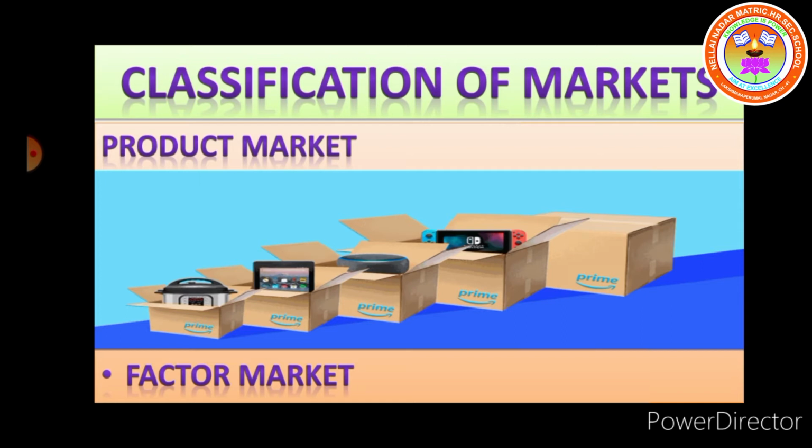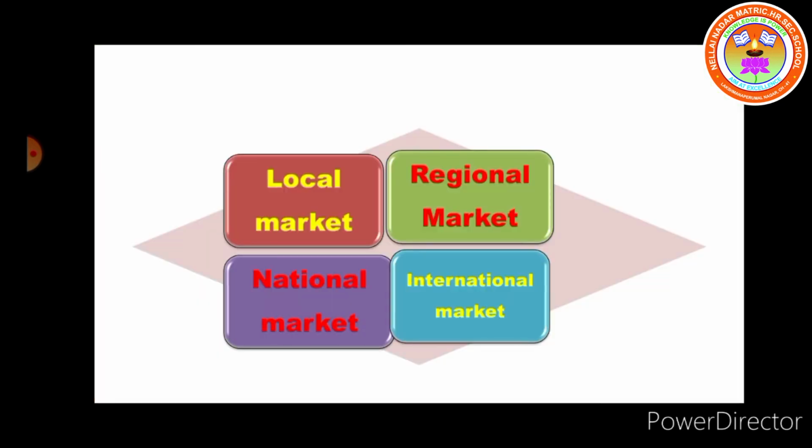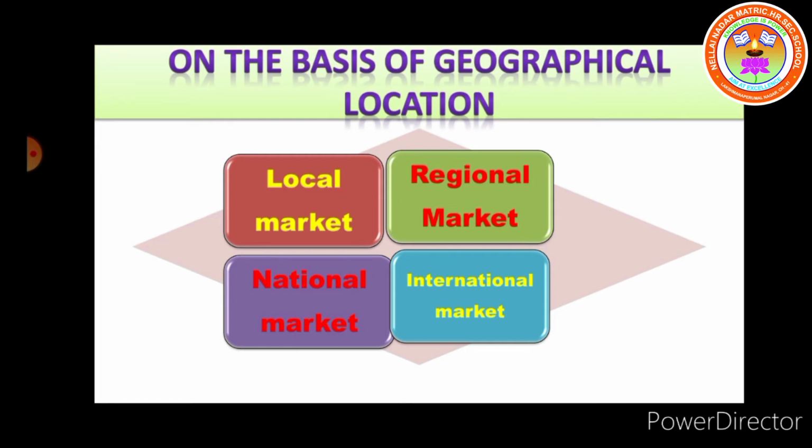Okay. The other classifications of markets are as follows. First one, on the basis of geographical location, market is divided into 4 categories: local market, regional market, national market, international market.